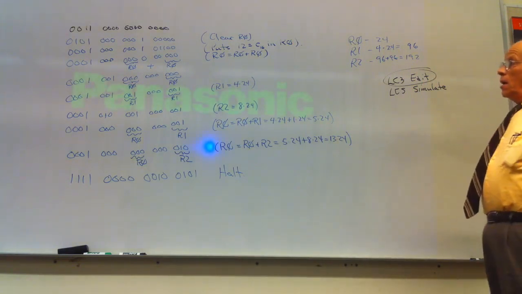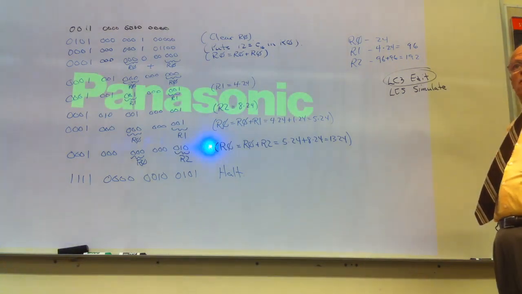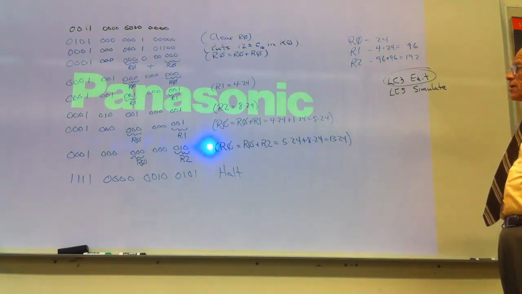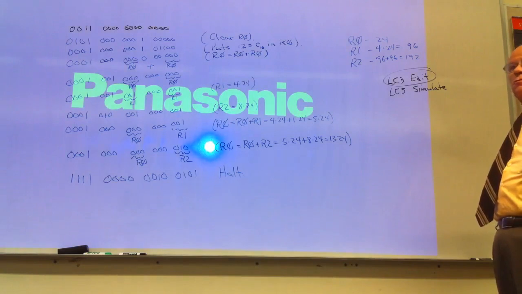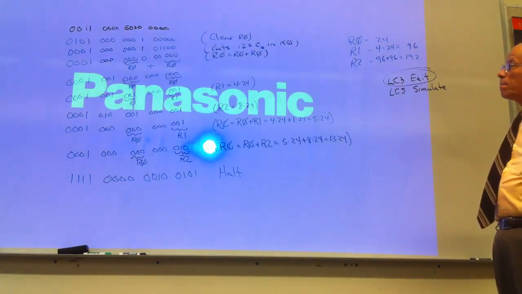Now, there really isn't anything magic about the 3000. It's just, like I say, that's kind of a default within the system. It kind of likes to start there.